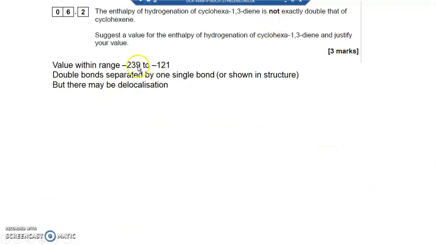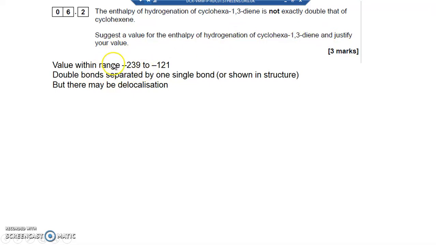So you can have anything from minus 239, which is sort of double 120. It's not quite double, so 120 doubled would be 240. It says it's not exactly double, so it's somewhere in the middle, any number between minus 120 and minus 240, which would be double. Suggest a value for the enthalpy of hydrogenation and justify its value.